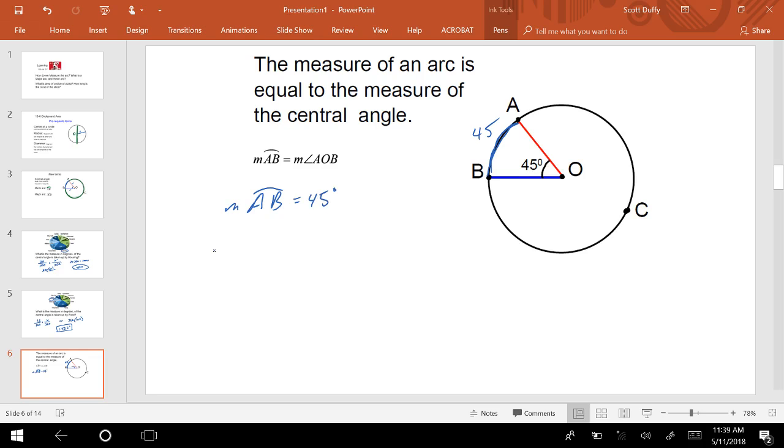If the measure of AB is 45 degrees, what is the measure of ACB? In other words, what do we add to 45 to get all the way around the rest of the circle? To make 360. So that would be equal to 360 minus 45, which is 315 degrees.